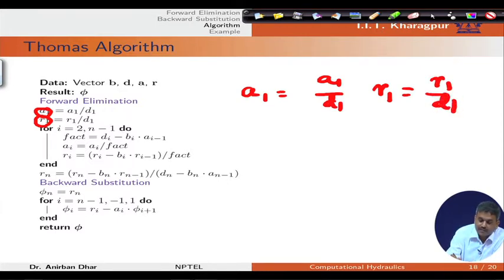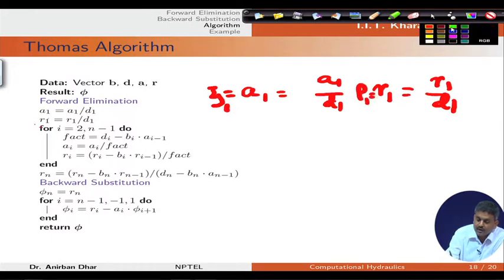This means that in the first step, when we have converted this into xi 1 and this into rho 1, the original value is not required.